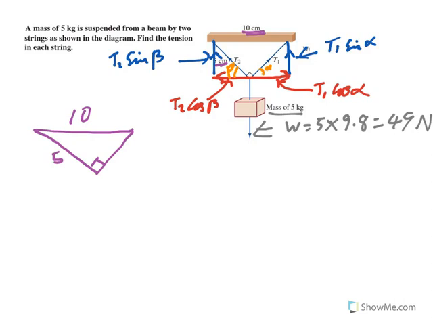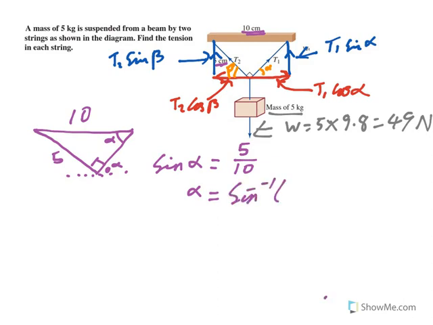So this angle in here, if that's alpha, then alternating angles tells me that that's alpha as well. So from that, I can get sine alpha is opposite over hypotenuse, 5 over 10. And then from that, alpha will be sine minus 1 of a half, which is 30 degrees.